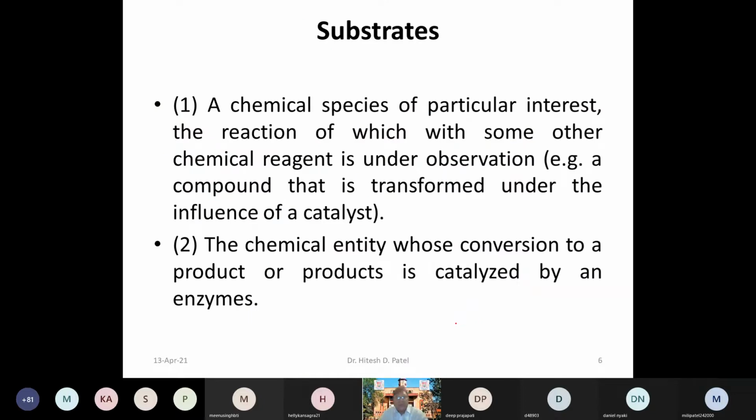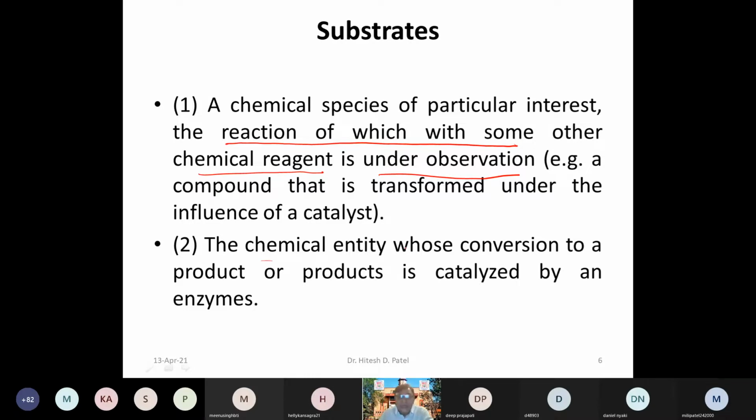Definitions I have already given, but if you want to write something, then scientific method or proper sentence formation is required. That's why I have written it over here. A chemical species of particular interest, the reaction of which with some other chemical reagent is under observation or will take place, that is called a substrate. This is most important.